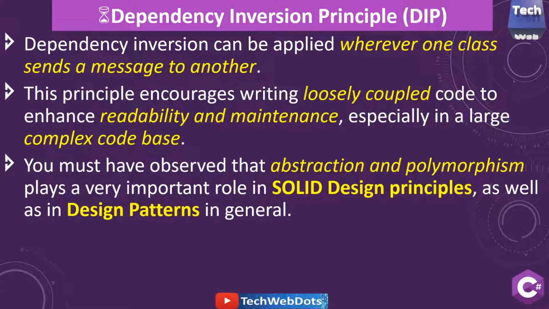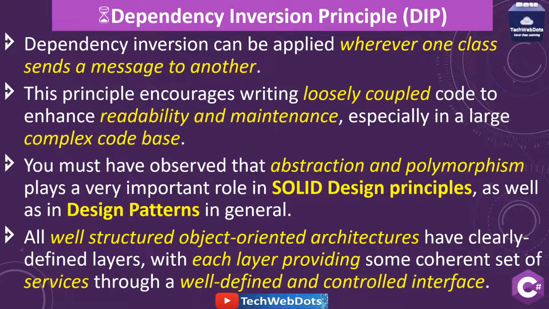You must have observed that abstraction and polymorphism play a very important role in all SOLID design principles, or we will say in design patterns, right? So these are very important. And all well-structured object-oriented architectures have clearly defined layers that really help us make the project manageable, with each layer providing some coherent set of services through a well-defined and controlled interface.